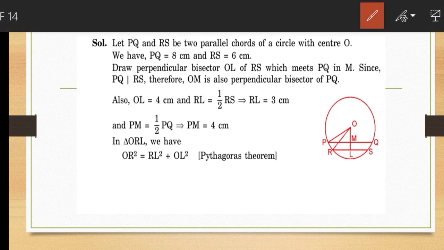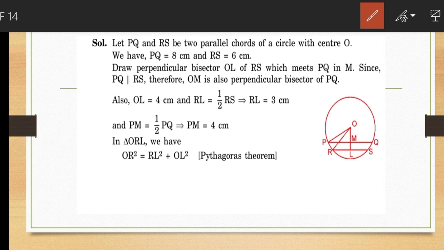So here we have PQ and RS as the two chords with center at O. PQ is 8 and RS is 6. We will draw perpendicular bisectors OL on RS and OM on PQ. Since PQ and RS are parallel to each other, OM is also perpendicular on PQ.